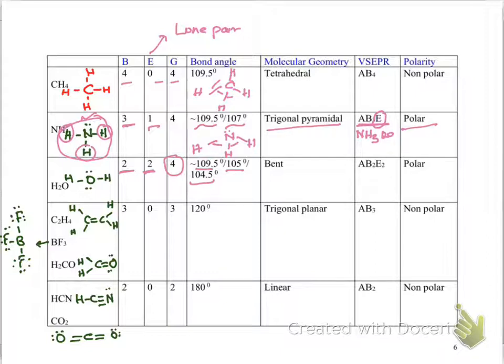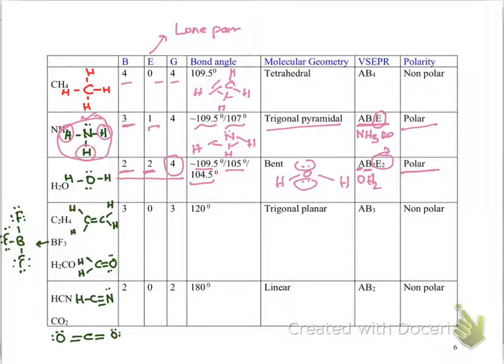And if you have a 2-2-4 combination, then the molecule has a bent shape. So now I have one central atom O bonded to two hydrogens, B is 2, and then there are two lone pairs on the central atom. If you have the AB2E2 VSEPR formula, then the molecule will be polar.